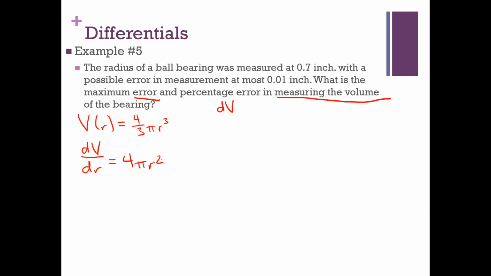In an imperfect world, our volume could be off by something. That's one thing we haven't talked about. So let's represent this in terms of dV. dV is equal to 4 pi r squared dr.